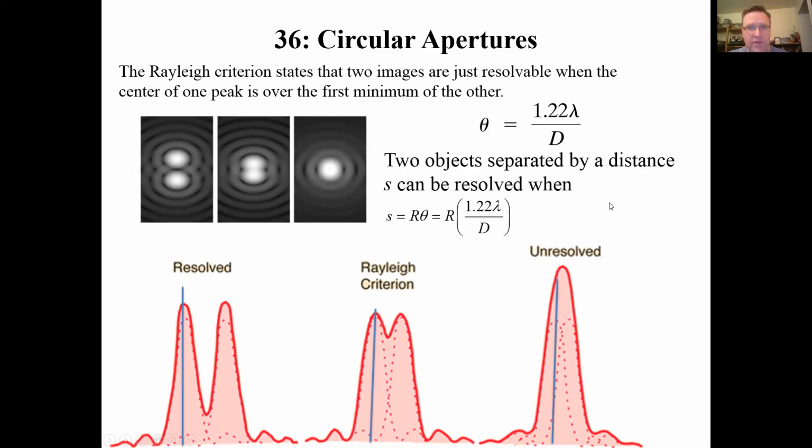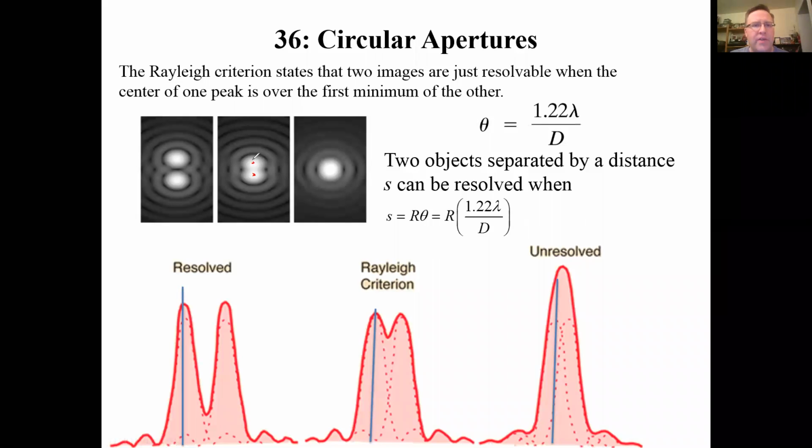Another item to think about: you can estimate whether or not you can see something clearly by taking the arc length, meaning the distance between two points. If I were to look at two stars, would I be able to see these as clearly resolved with a camera or a telescope of a certain size?